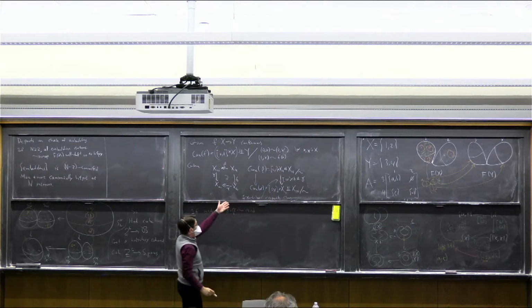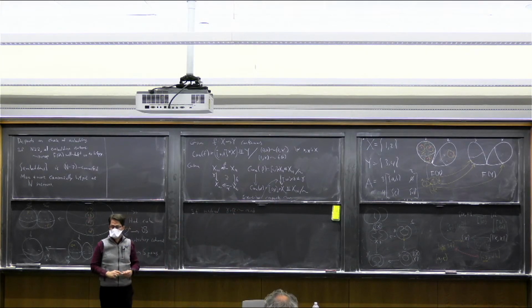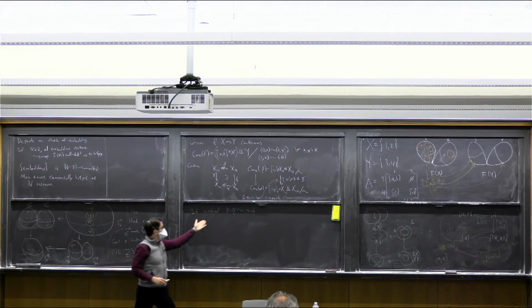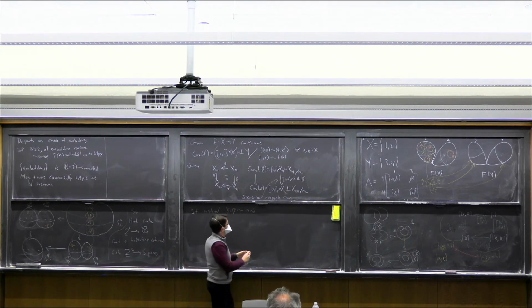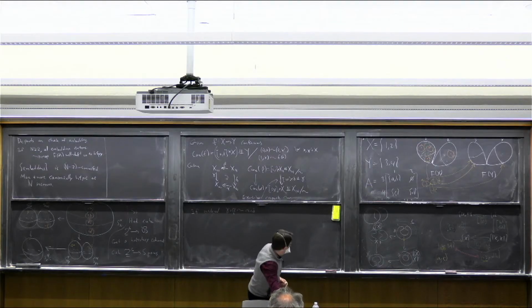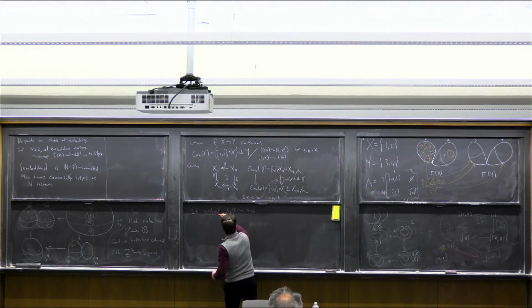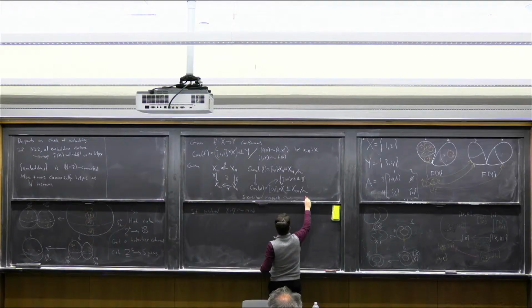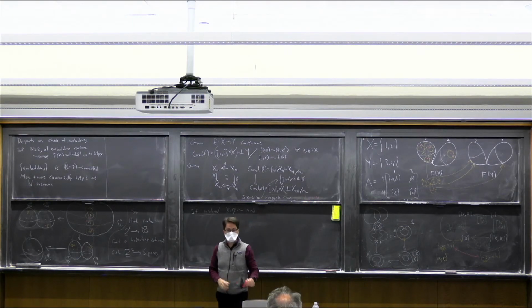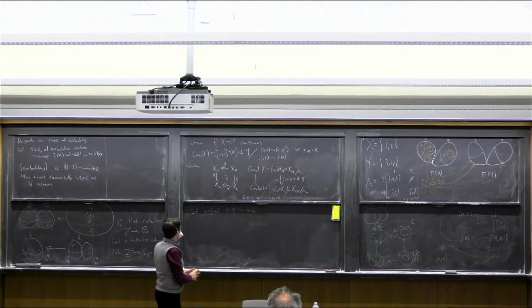You need to check that I actually wrote down a continuous map there. If instead they're just homotopic, then this doesn't respect the equivalence relation. But it's very easy to fix.